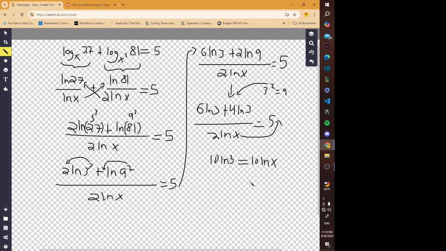So 10 ln x. Okay, so now we're left with this. 10 ln 3 equals 10 ln x. So what are we going to do? Well, I see these like terms right here. 10 ln and 10 ln. So I'm going to divide by 10 ln on each side, okay, to get these canceled out and these canceled out, and I get x equals 3.